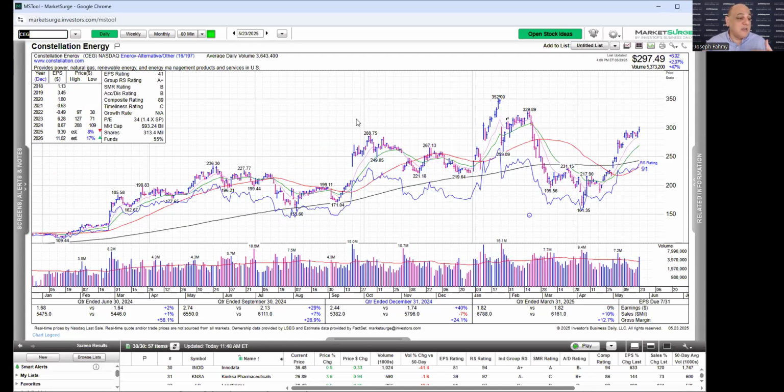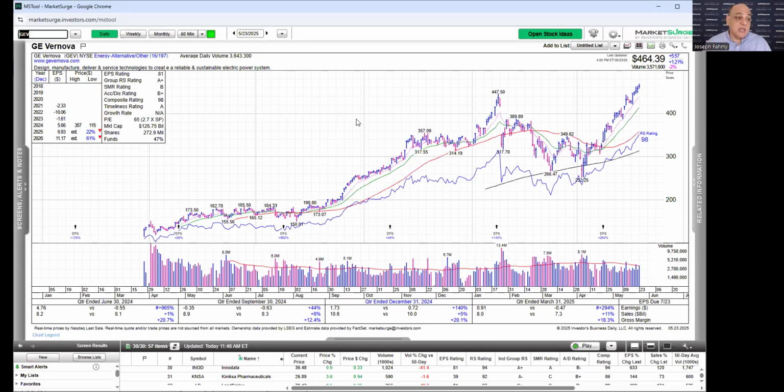CEG, there's so many of these that are coming back around, but GEV is one of the leaders also in that space. Full disclosure, I own it. This is an example of it's just too extended from a proper base to enter it. Yes, could it keep running? But I'd rather get it closer to 21-day pullbacks or some sort of a pullback or a consolidation if it does. I'm in from a lower level, as I mentioned, but I do like this one into year end, so I think it'll do well.